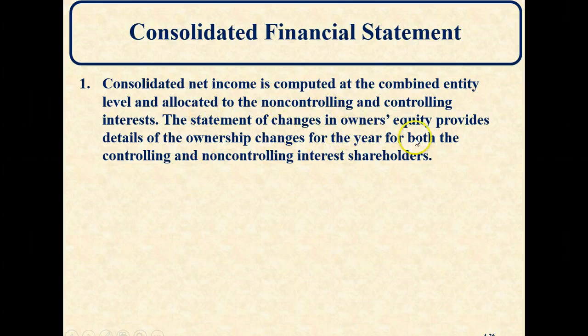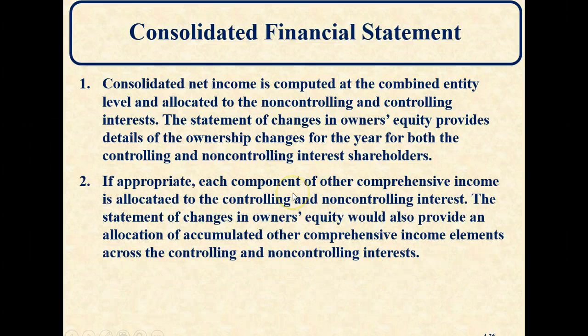And then our statement of changes in owner's equity is going to show how the ownership changed within the year. We are only going to do problems where the ownership began at the beginning of the year. We're not going to show steps of continuing increasing ownership throughout years, or purchasing the ownership in the middle of the year. I'm going to keep all that out for this chapter, okay? Let's keep it simple as we can.